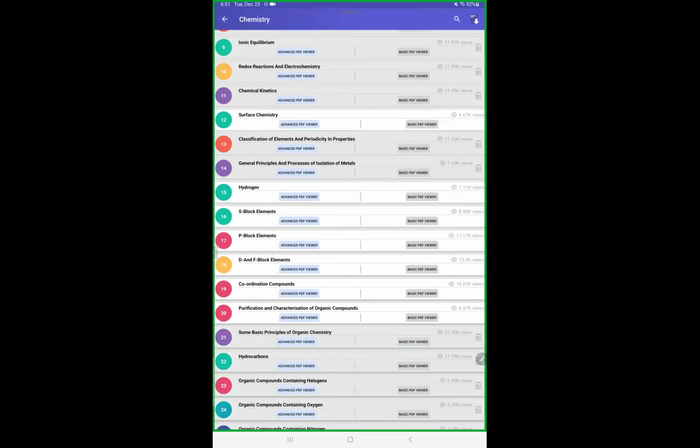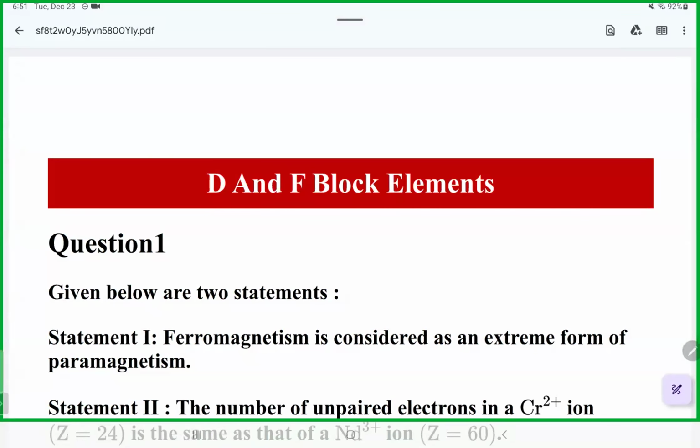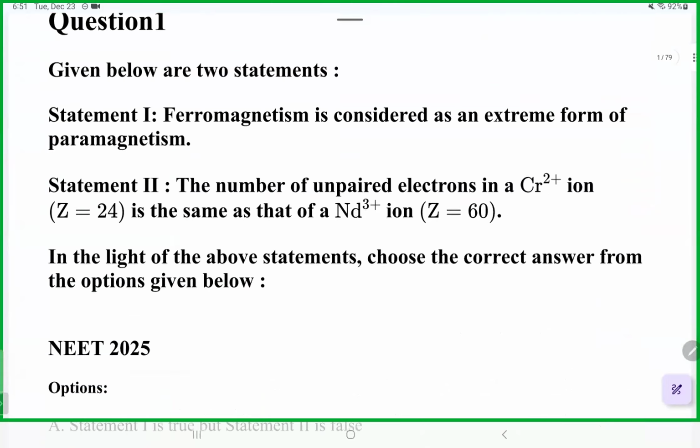Chemistry. What was the chapter name? D and F block. In D and F block, paramagnetism.